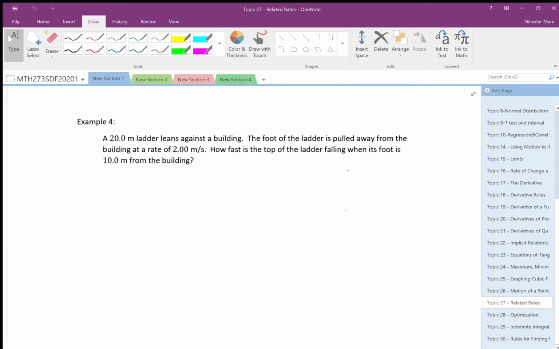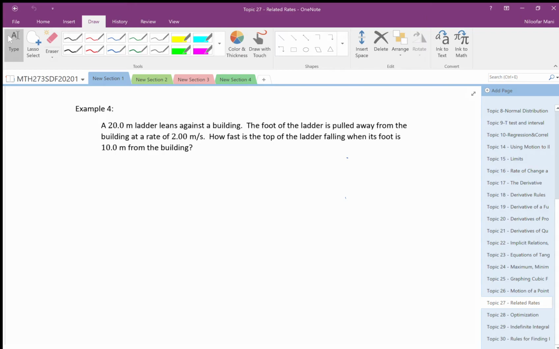Okay, so a 20-meter ladder leans against a building. The ladder is constant, so the ladder doesn't change. The building also doesn't move. So the building is here, and the ladder is here.